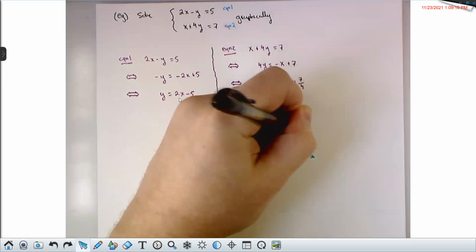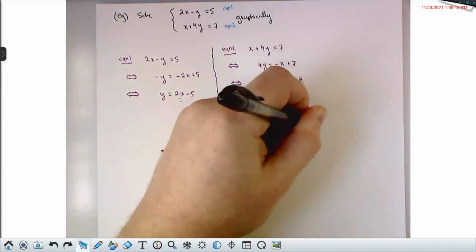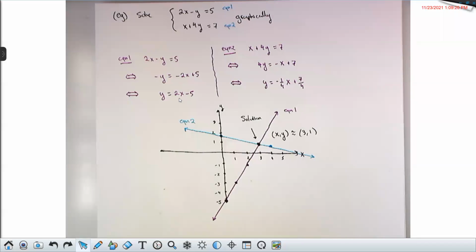It's hard to say for sure because my picture is flawed. But if I had to guess, based on my picture, which I drew as good a job as I can, I would say that solution is about 3, 1, somewhere in that neighborhood. Maybe it's 2.9, 1.2, something like that. Could be pi, comma, 0.95. I don't really know, but somewhere around there.